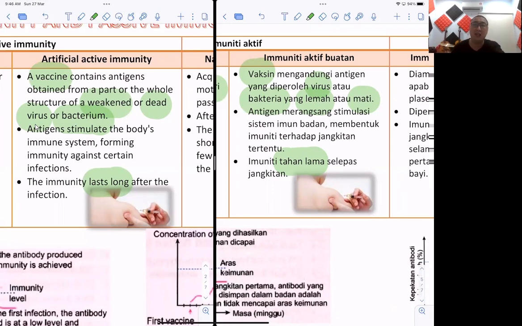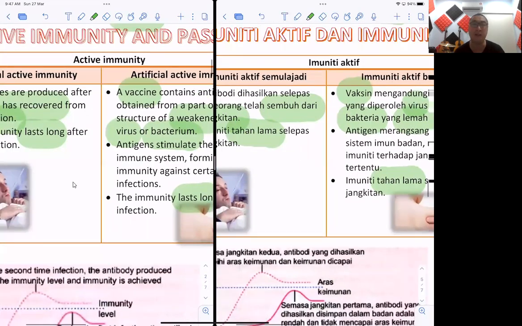This Omicron, nothing only. Of course lah, because your body already learned it. And this is the power of vaccine. Okay? So, proven facts. That's your active immunity right there.